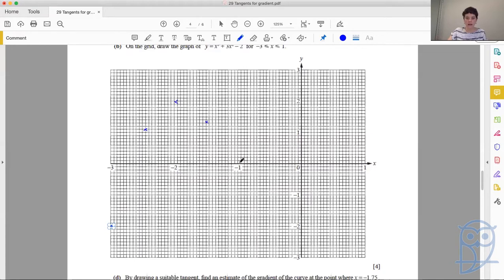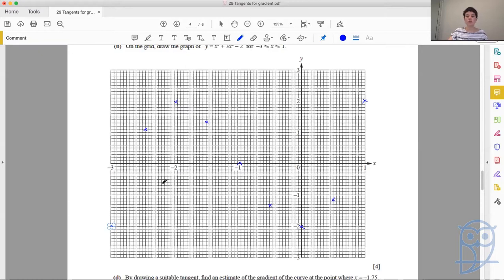Minus 1 and 0. Minus 0.5, minus 1.38. 0 and minus 2. 0.5 and minus 1.13. And 1 and 2. All the way back up again.